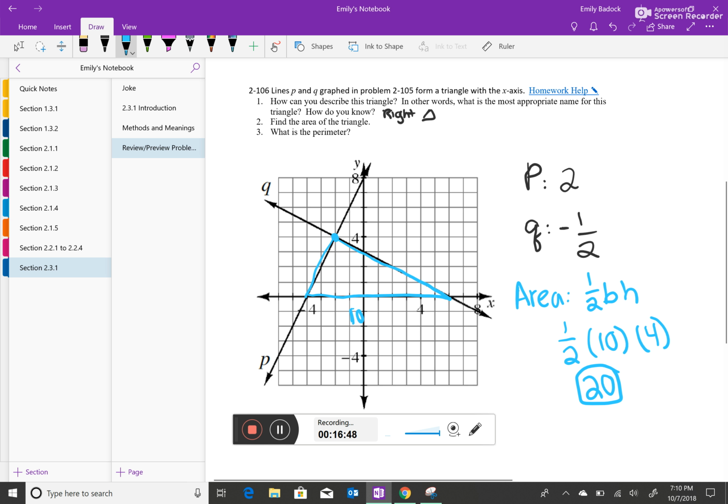Alrighty. So first off, we know that 10 is going to be our longest side based on what we've been practicing. 10 is our longest side. You guys will eventually learn the distance formula for between points and all that fun stuff, so I don't want to show that to you guys now.